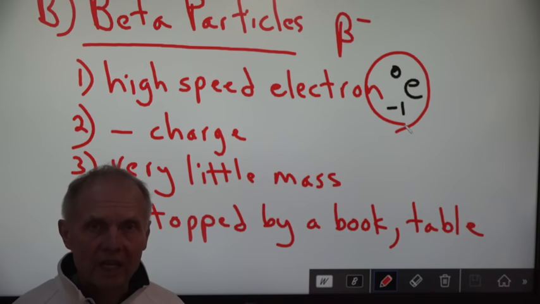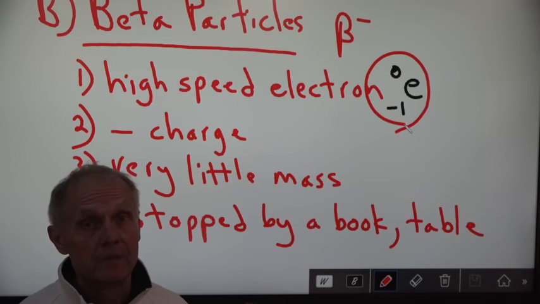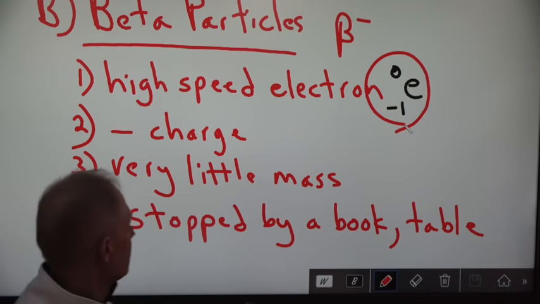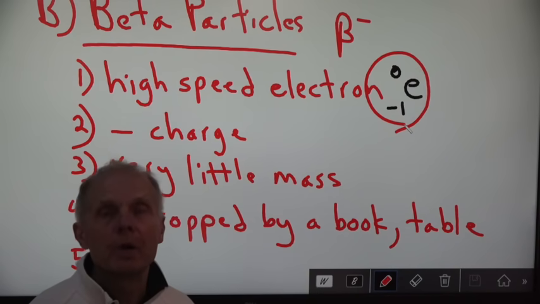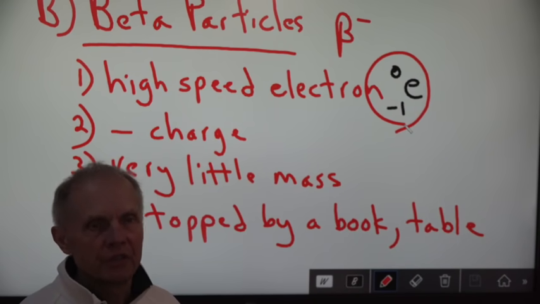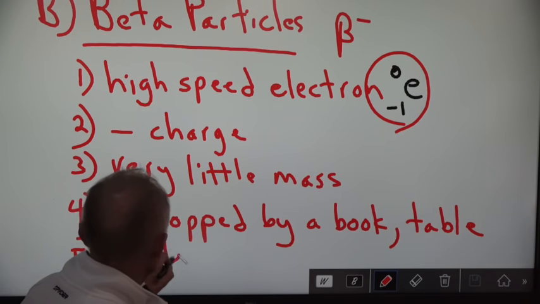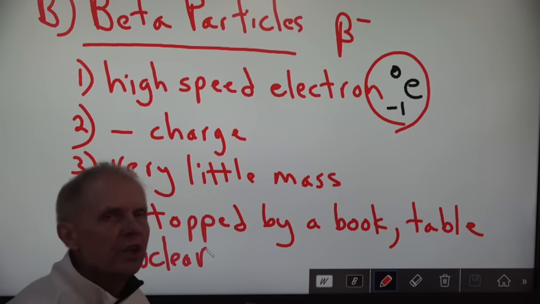And if your skin dies, you die. So those firemen all died because of these beta particles. It's called this. Number 5. A nuclear suntan.